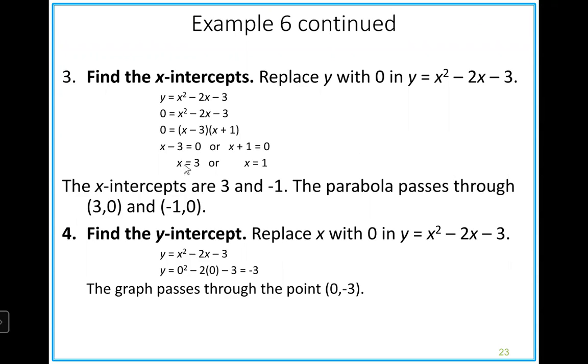So that means either x is 3. And if x plus 1 is 0, then x would be equal to 0 minus 1. So there should be negative 1. Okay? All right. So the x-intercepts are 3 and negative 1.